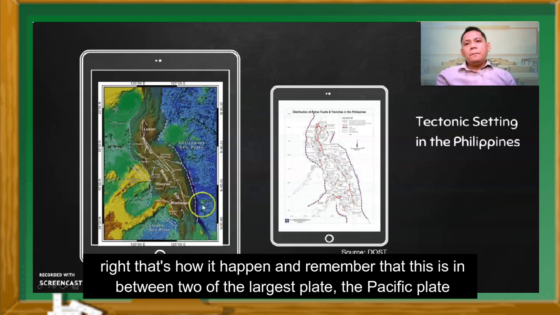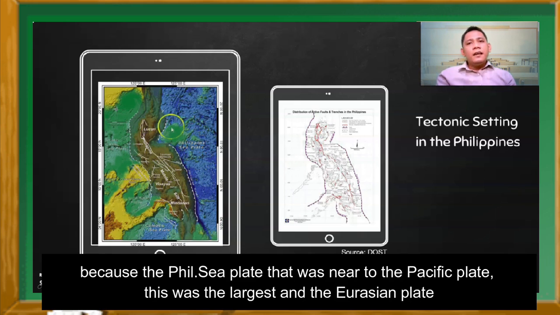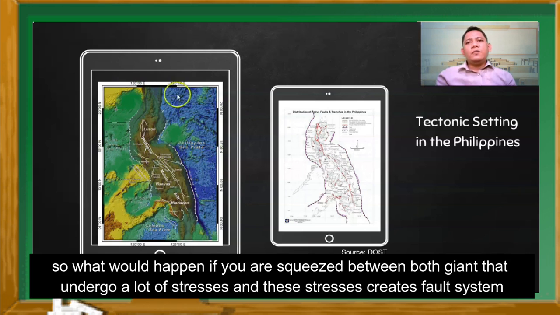And remember that this is in between two of the largest plates, the Philippine Sea Plate, which is near the Pacific plate, which is the largest, and the Eurasian plate. So what would happen if you are squeezed between both giants? They would undergo a lot of stresses. Right?